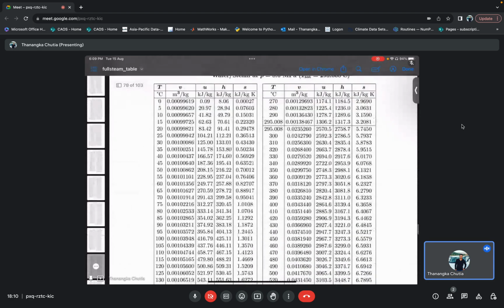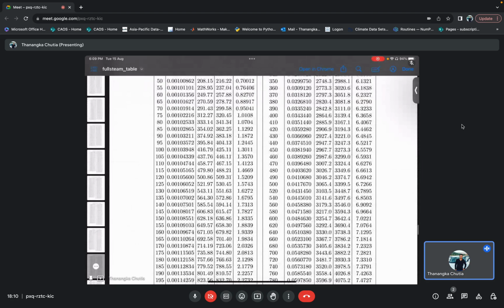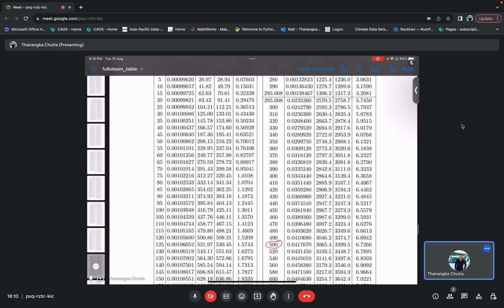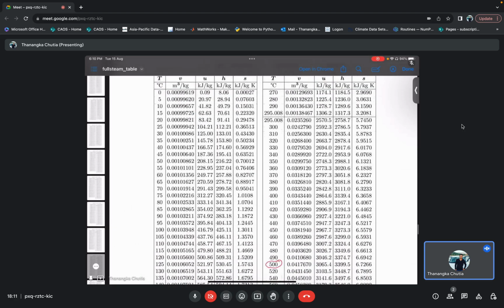So this is the 8 megapascal, and at 8 megapascal and 500 degrees Celsius, these are my V values. This first column is basically my V values, the second column is my U values, the third column is my H, and the fourth column is my S, which you can also see from here.